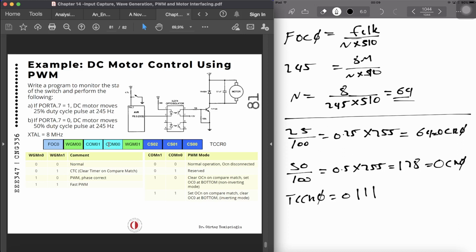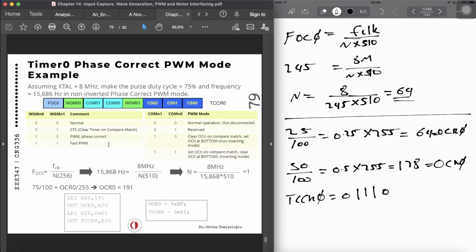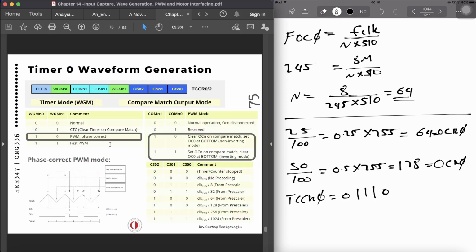So the WGM is going to be phase correct, so that's going to be 0. And then we have got the scaler. We haven't put the scalers over here, but we can check it from here. 64 is 100. So this is 7 and this is 4. Okay, so hex 74 will be used as the TCCR value.